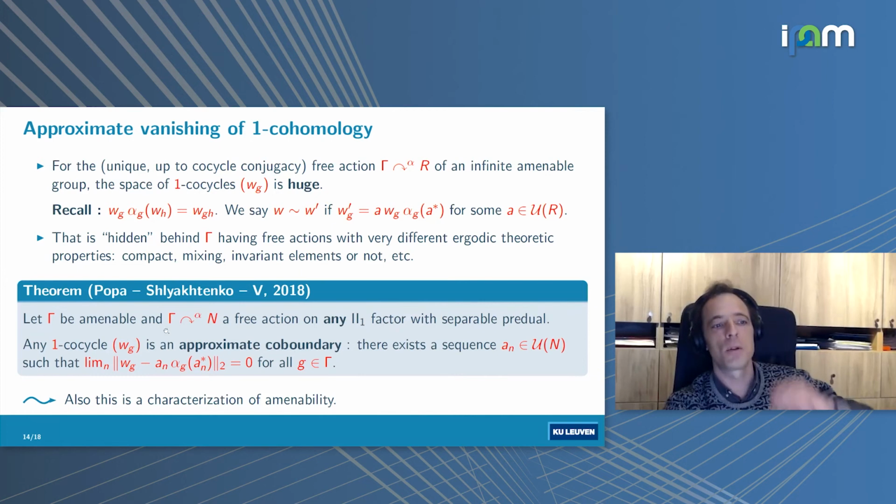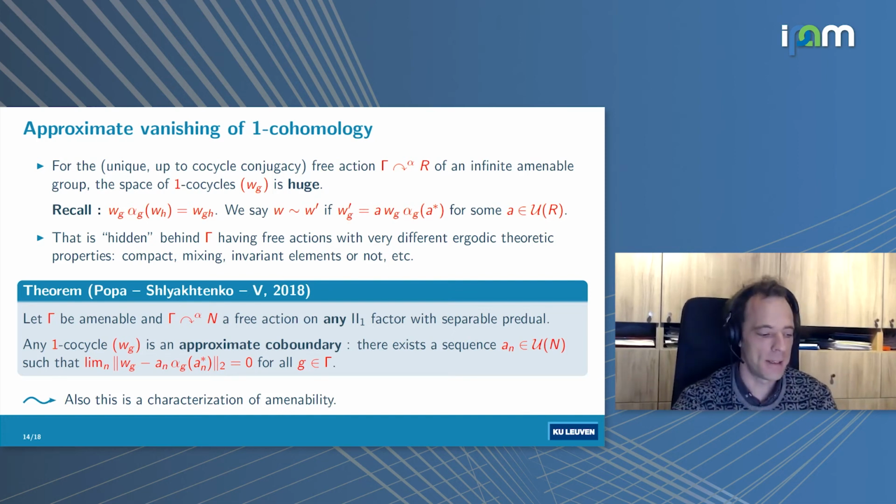So if you have an amenable group acting, then one-cocycles may very well be non-inner, not a coboundary, but they are always approximately a coboundary. And again, this is a property that precisely characterizes amenability. So non-amenable groups don't have this property. Okay, so that was one of these separate or standalone results that I wanted to present.